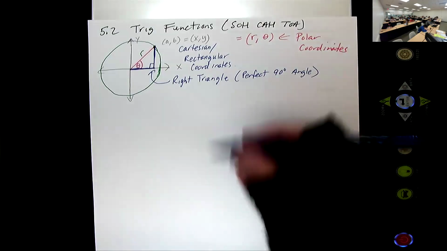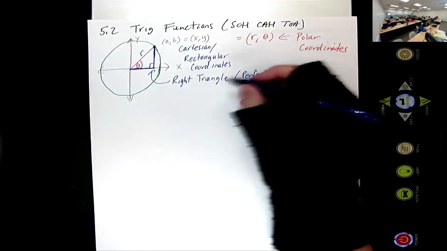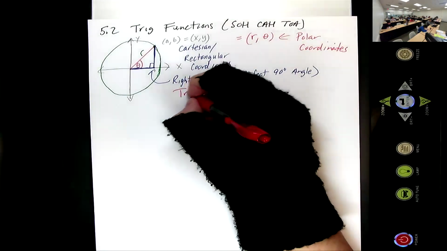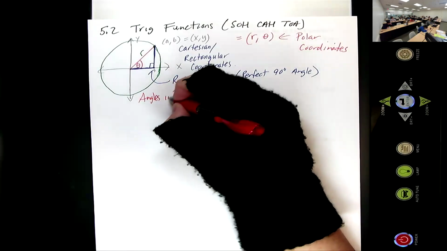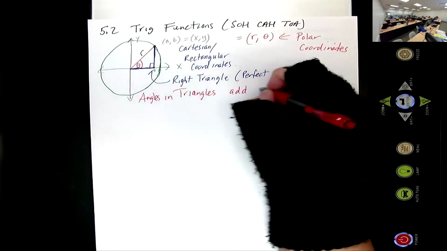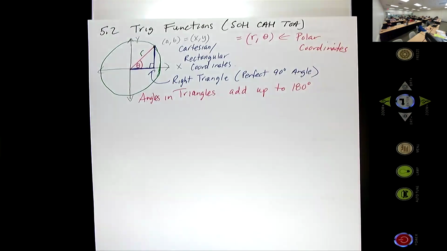While I'm sure it will come up at some point in this chapter, triangles add up to 180. The angles in a triangle add up to 180 degrees. We'll need that later.